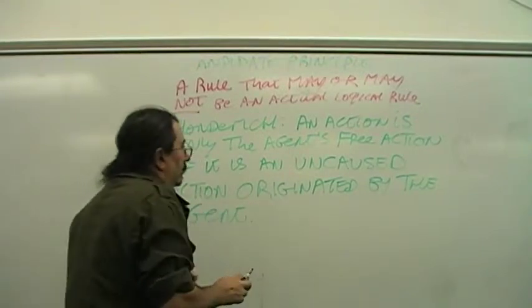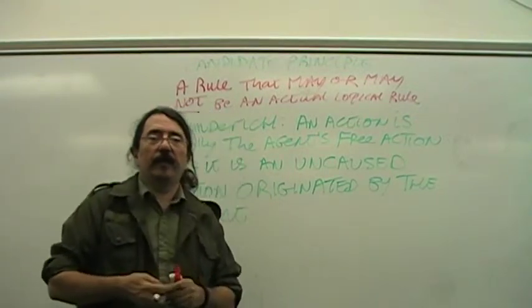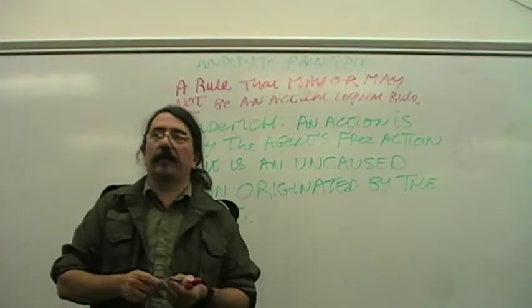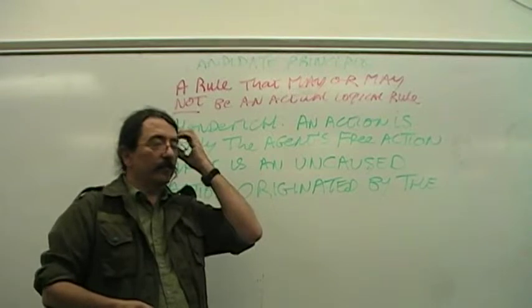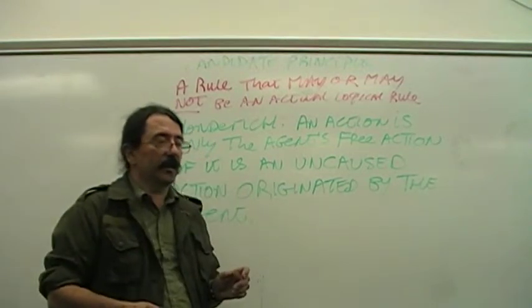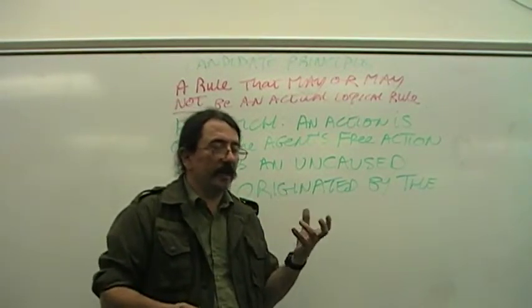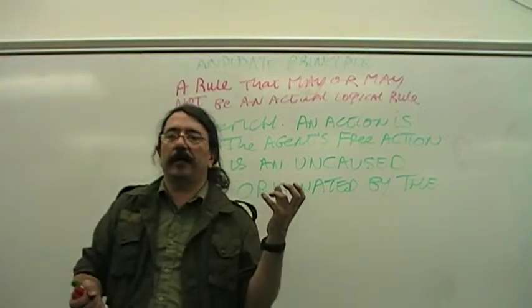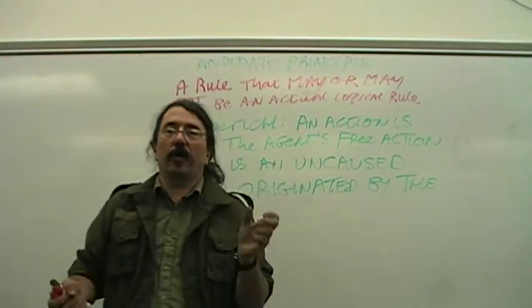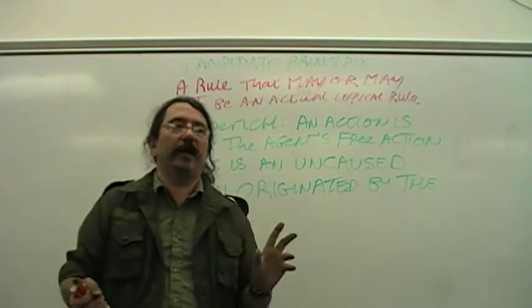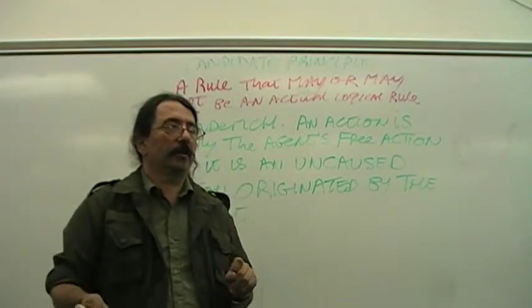Okay, now, Palmer in our text makes a big deal about origination. In the text he says, libertarians are attracted to the idea of origination, of uncaused actions originated by the agent, right?